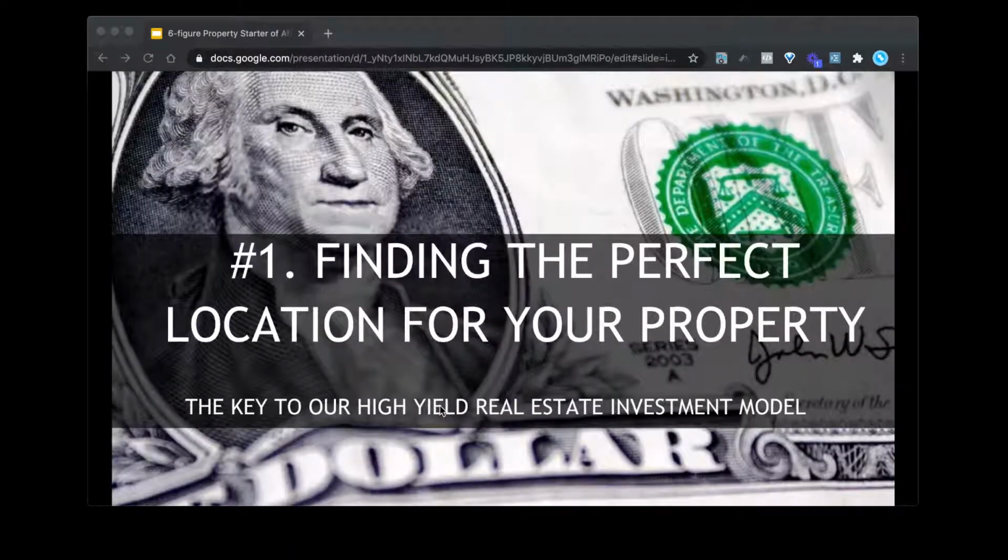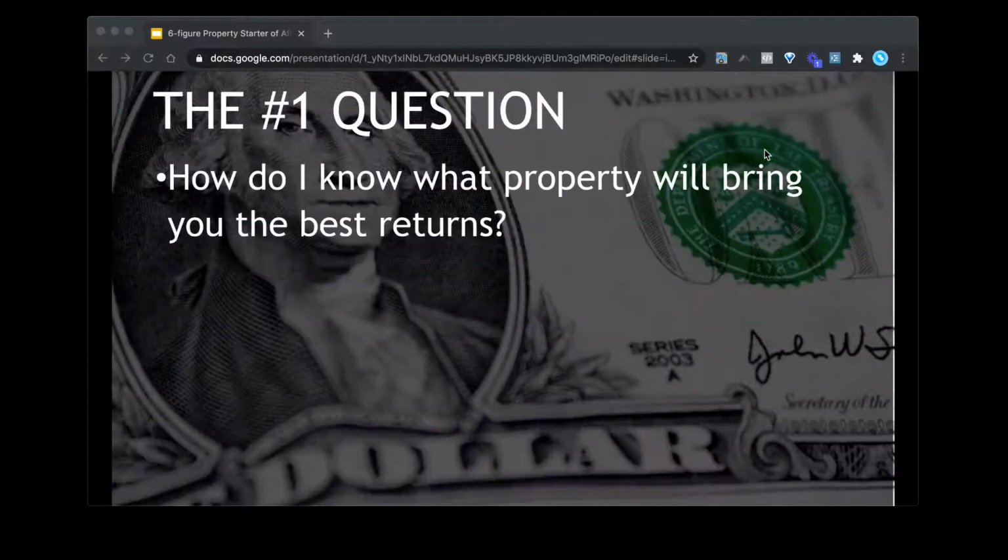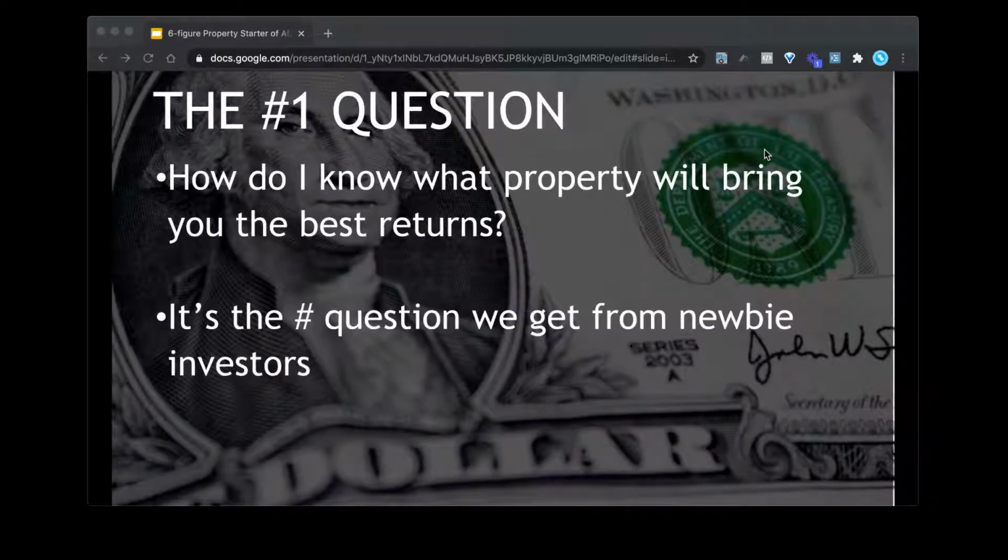But what I'm going to talk about first is how do you find the perfect location for your property? Because this is actually the crux of the matter, you guys. It's the number one question we get from newbie investors: how do you know what property will bring you the best returns?